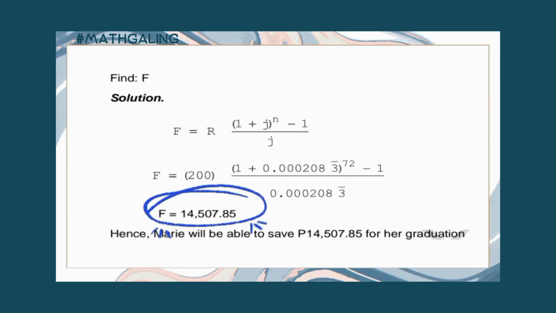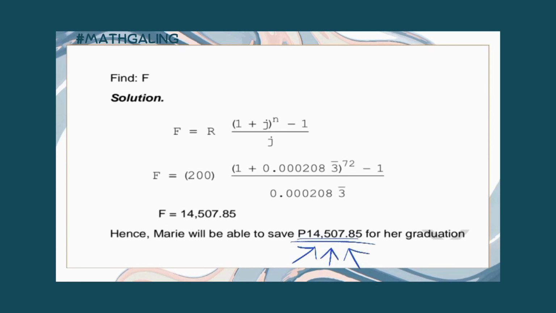So it is equal to 14,507.85. Hence, Mori will be able to save 14,507 pesos and 85 centavos for her graduation.